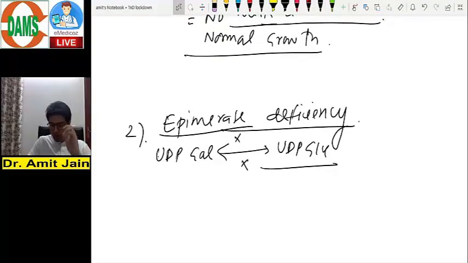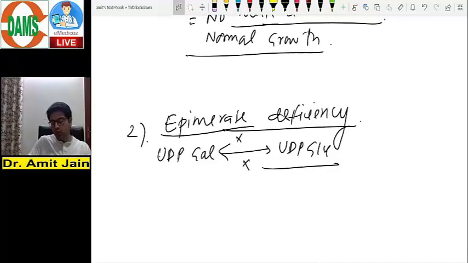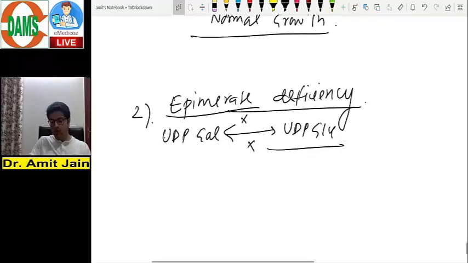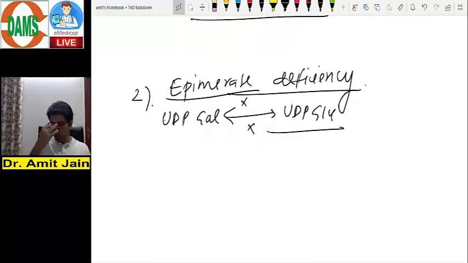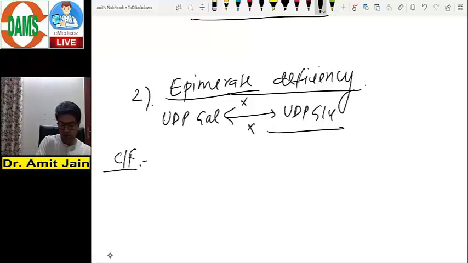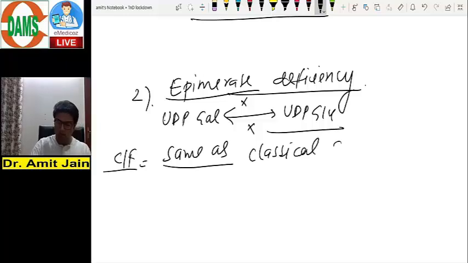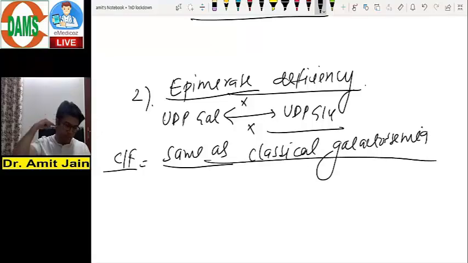So this will not be possible. If epimerase is deficient, what will be the problem? First of all, the clinical features are the same as classical galactosemia, plus it's actually more severe, right?